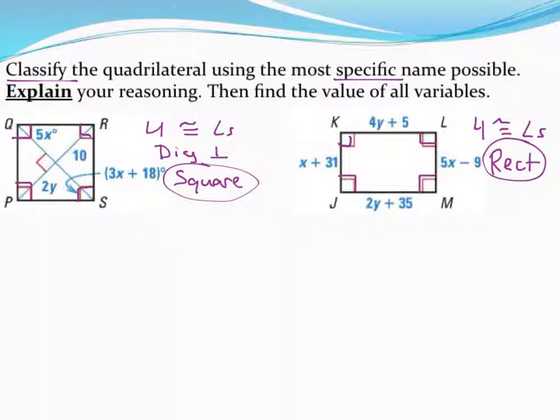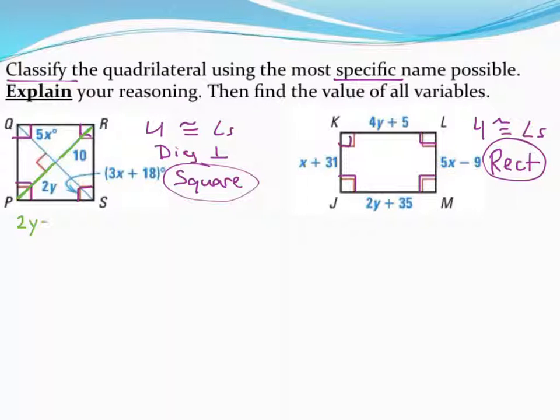Let's go ahead and do our second step, where we actually solve and find some missing information. The square has a lot of properties that we can use. As you're looking at your properties chart, you see almost everything is crossed off. So let's start with y. The y is set up on these 2 pieces of the diagonal. One property that a square has is that the diagonals bisect each other, meaning they cut each other into 2 equal pieces.